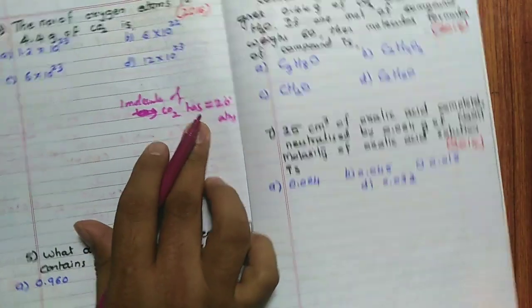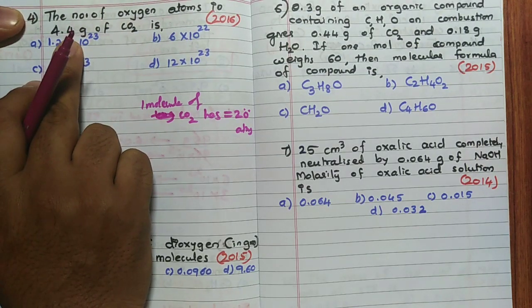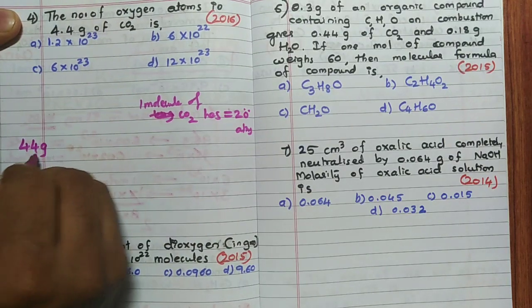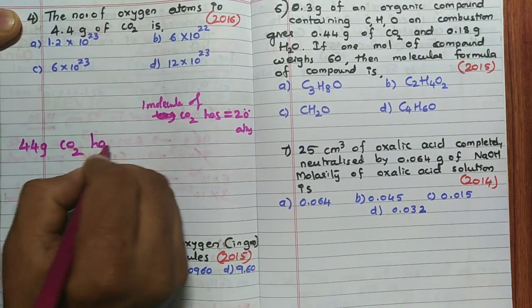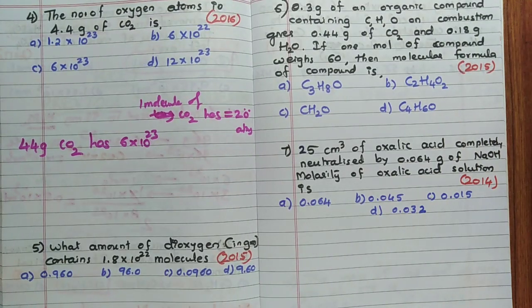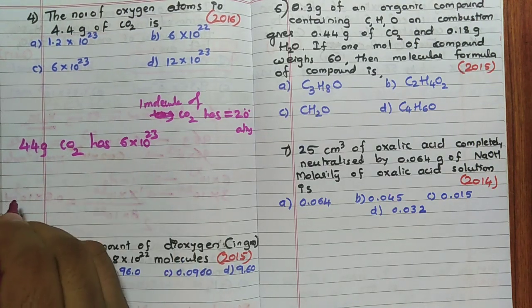Now we will calculate how many molecules are present in this amount. We know the standard: 44 gram of CO2 has 6 into 10 to the power 23, the Avogadro number. 6.02 is there, but I will take it as 6 for our calculation. Any problem? No problem at all.